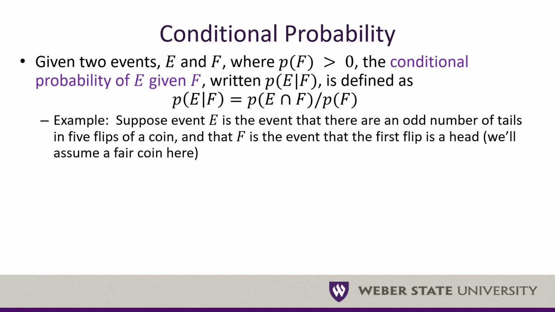Suppose event E is the event that there are an odd number of tails in 5 flips of a coin, and that F is the event that the first flip is a head. So in this particular case, we're assuming a fair coin. We could easily assume a non-fair coin. It would just change the probability of individual outcomes.